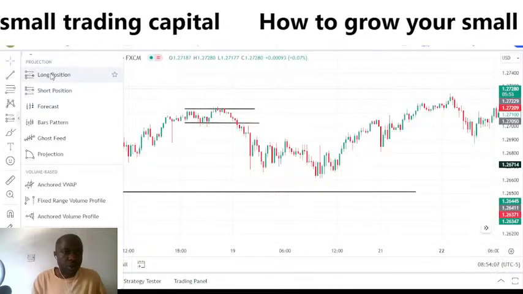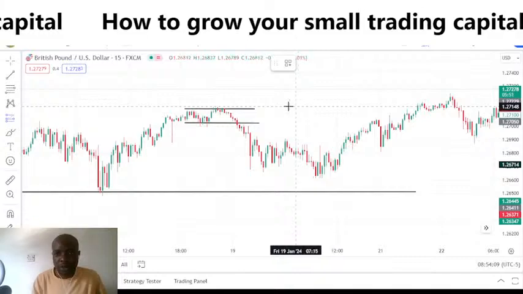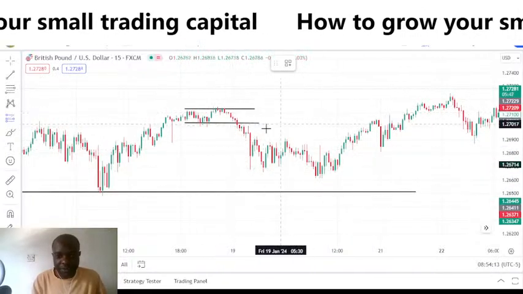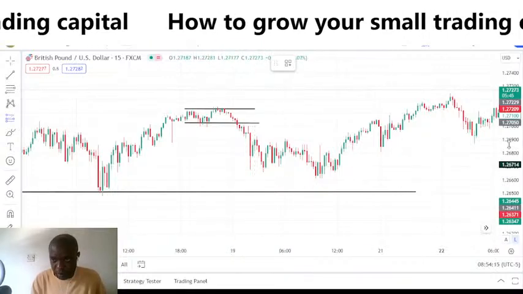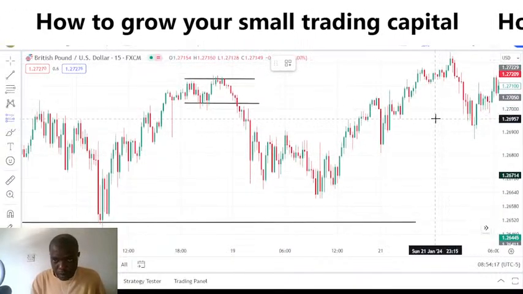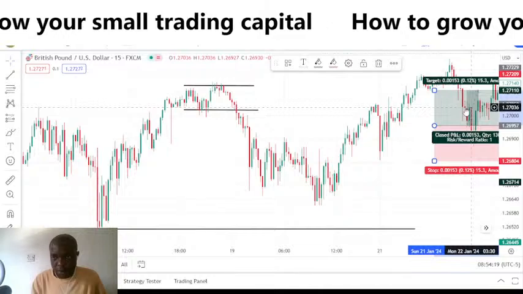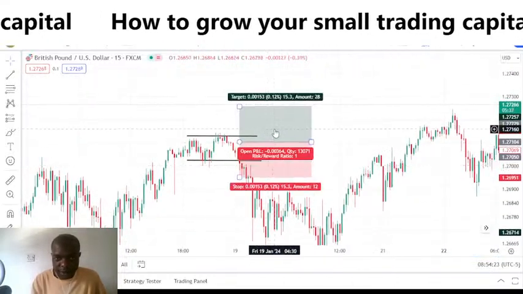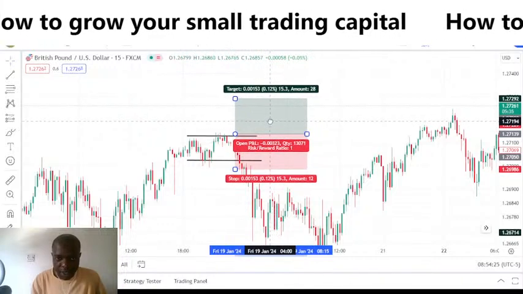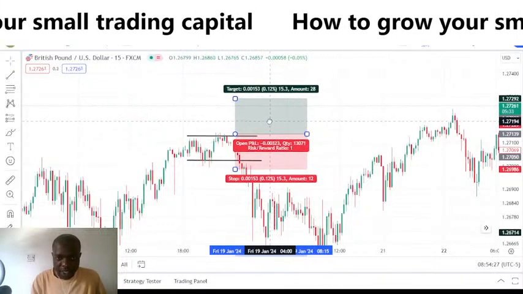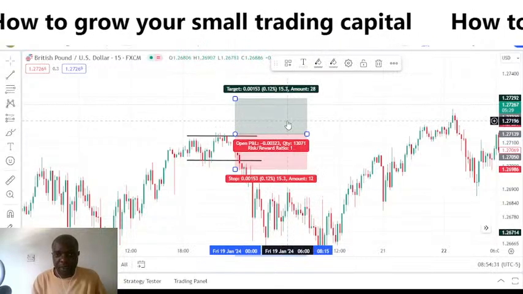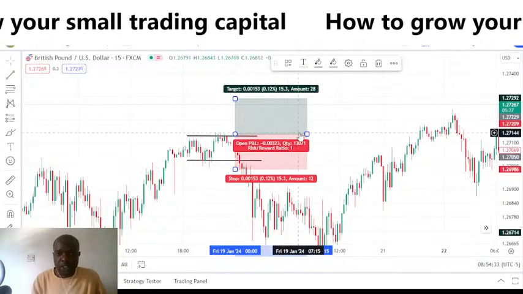Assuming we are to go long, meaning buy, around this area, here, we enter a price like this. So we double click.